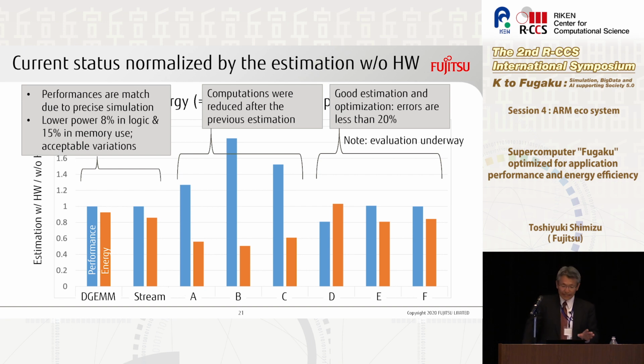The last group, D, E, and F, is good estimation and optimization. Errors are around less than 20%. So this is also good for the co-design approach. This shows the optimization direction correctly.